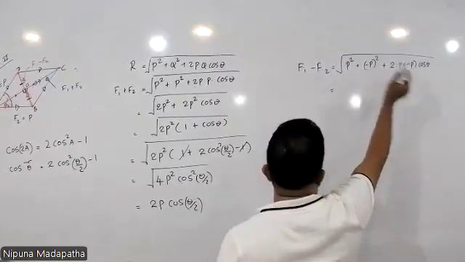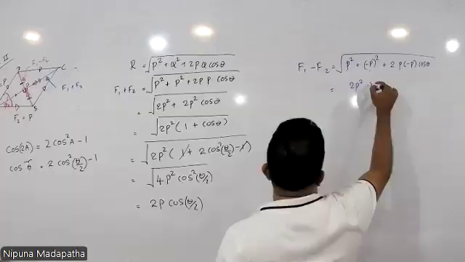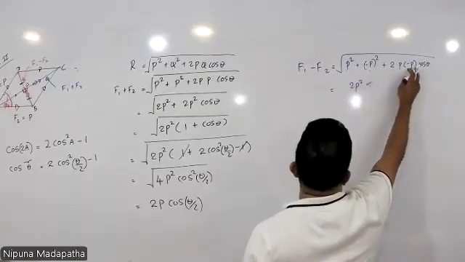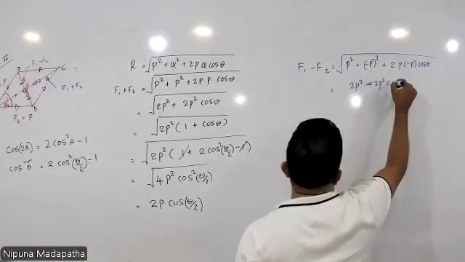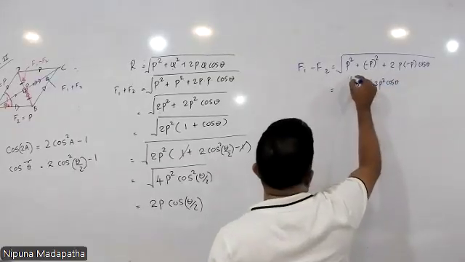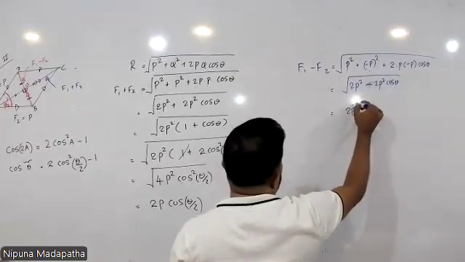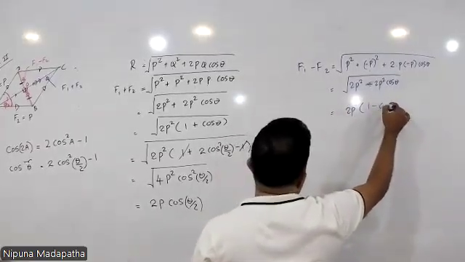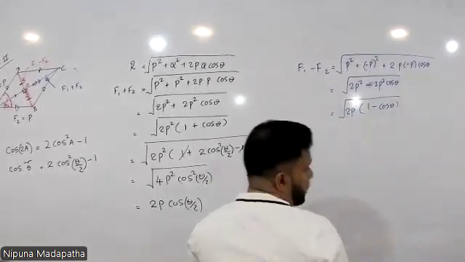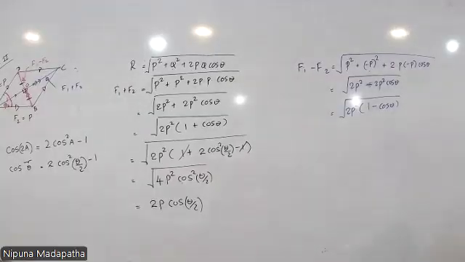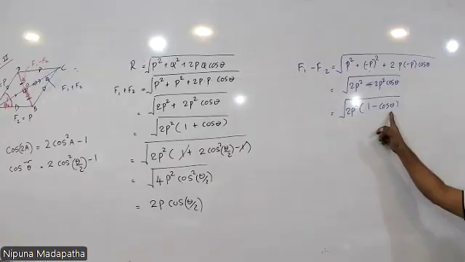So minus p squared: p squared plus p squared is 2p squared, and the minus minus into p times minus p gives minus 2p squared cos theta, all under the square root. Take 2p squared common: 2p squared times 1 minus cos theta, and take the square root. Now we have 1 minus cos theta there.